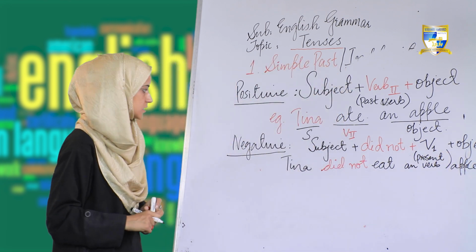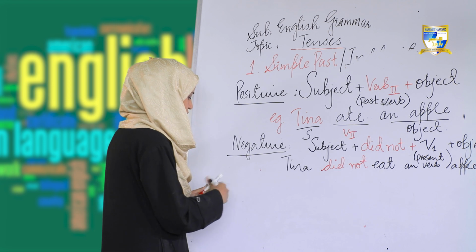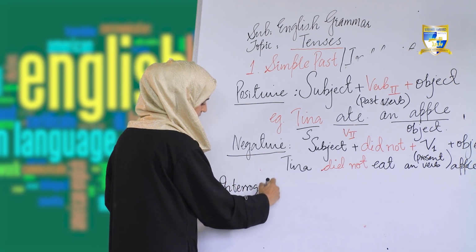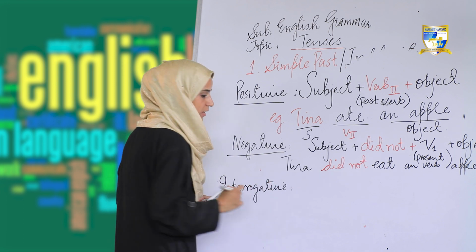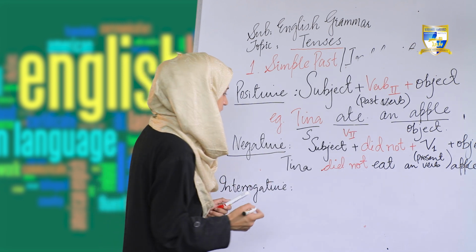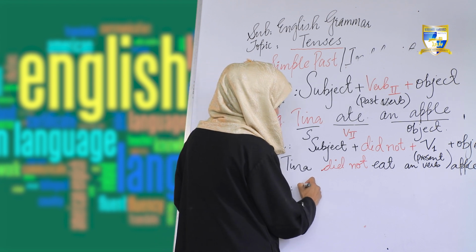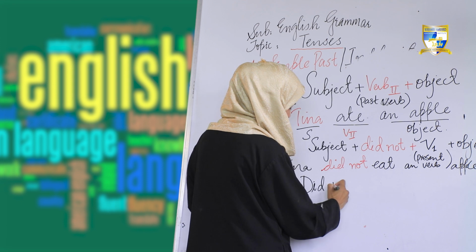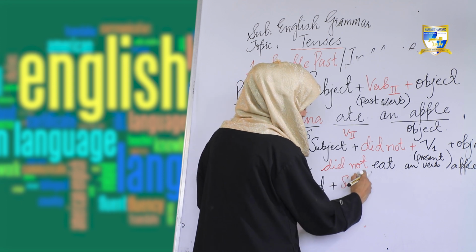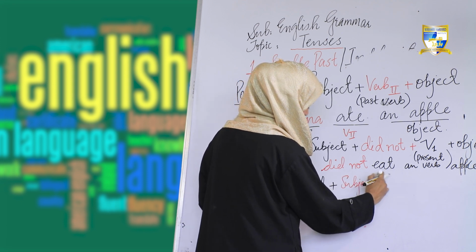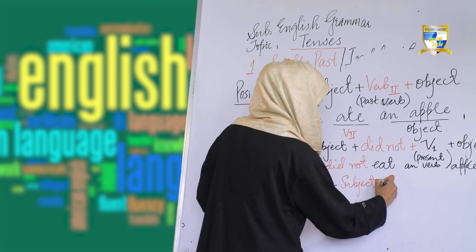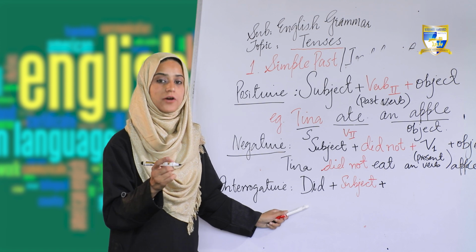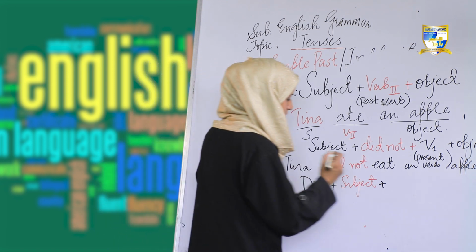Okay, dear students, so let's move to the interrogative sentence. Interrogative sentence with simple past tense. Auxiliary verb did plus subject. Since we are using did here, again the verb will be in present form.